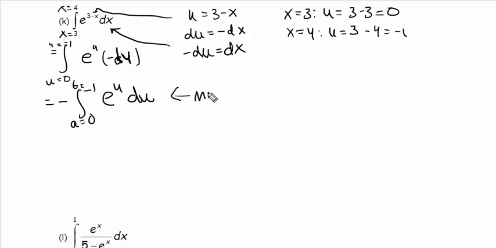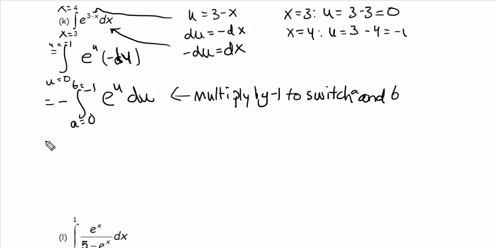So I'm going to multiply by -1 to switch a and b again. If I do that, this actually eliminates this negative right here. So integral from -1 to 0 of e to the u du.